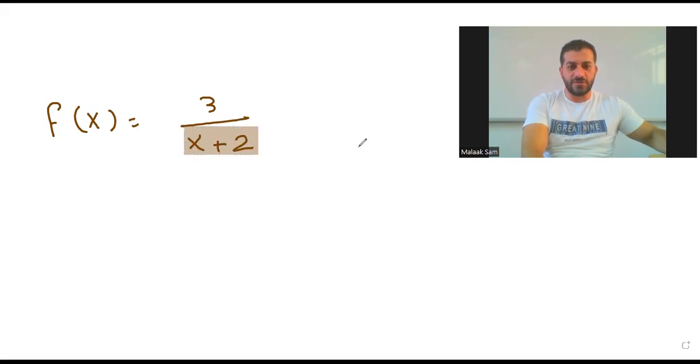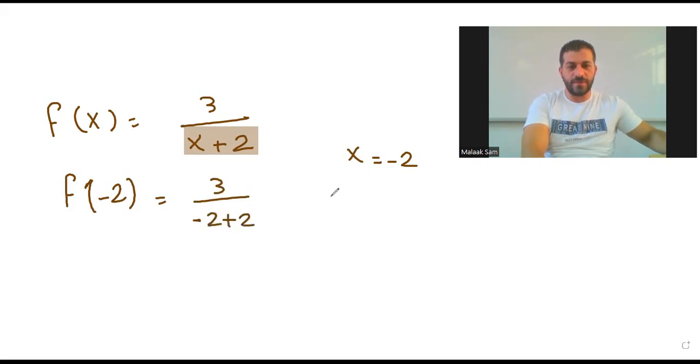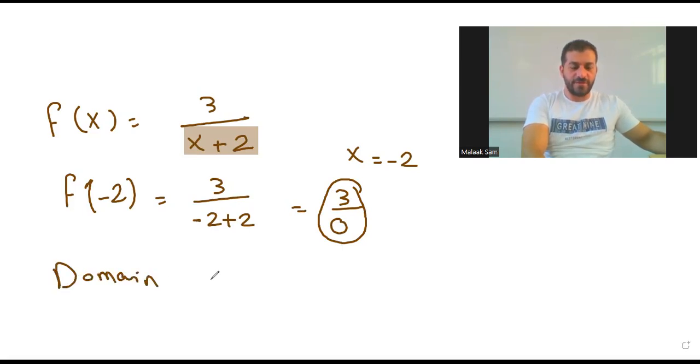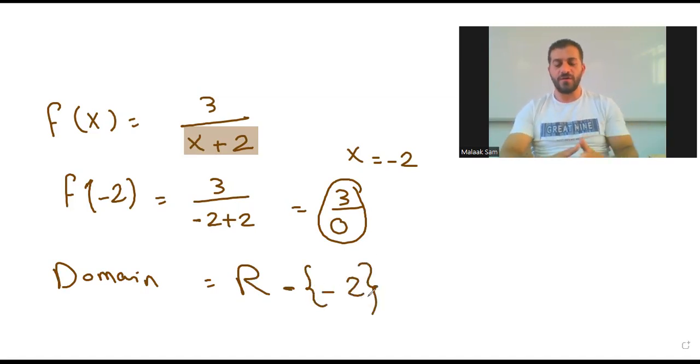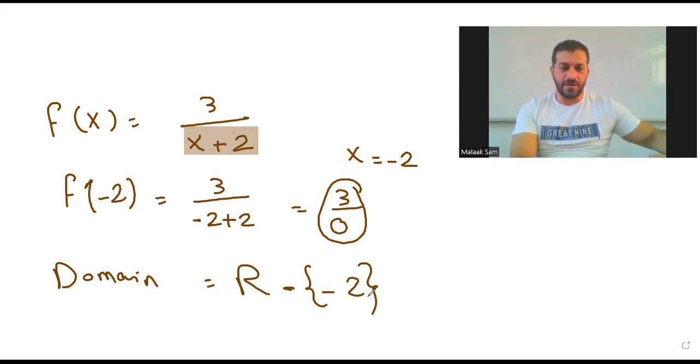So if x equals negative 2, f of negative 2 equals 3 over negative 2 plus 2, which equals 3 over 0. This is undefined. So what is the domain of this function? The domain equals R minus {negative 2}. Once again, why? Because we can find any value for x except negative 2, because negative 2 makes the denominator equal to 0.